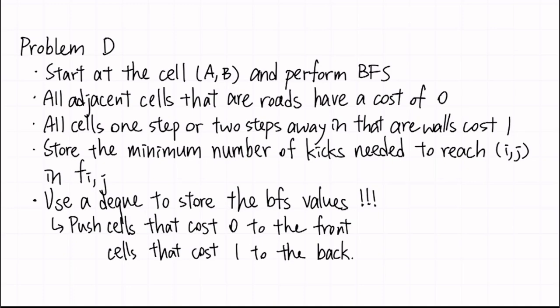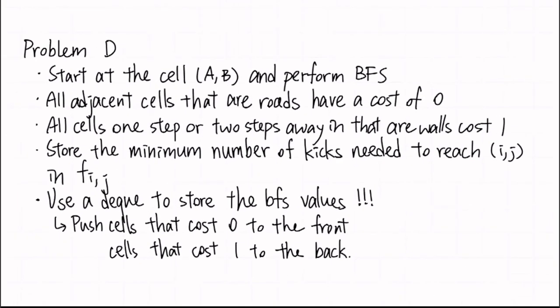For this problem, we can see that we can perform BFS, since this is a typical grid problem. And for this one, we notice that all adjacent cells that are roads have a cost of 0 to move over there. And for all cells that are 1 step or 2 steps away in the direction, if there are walls, they will cost a value of 1, since a front kick is necessary.